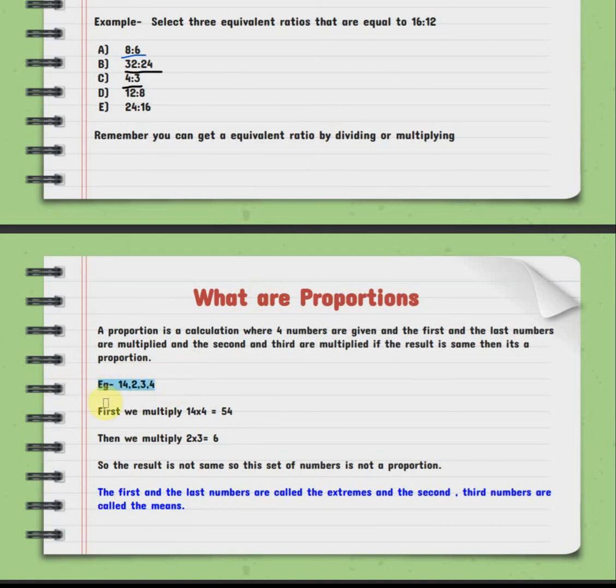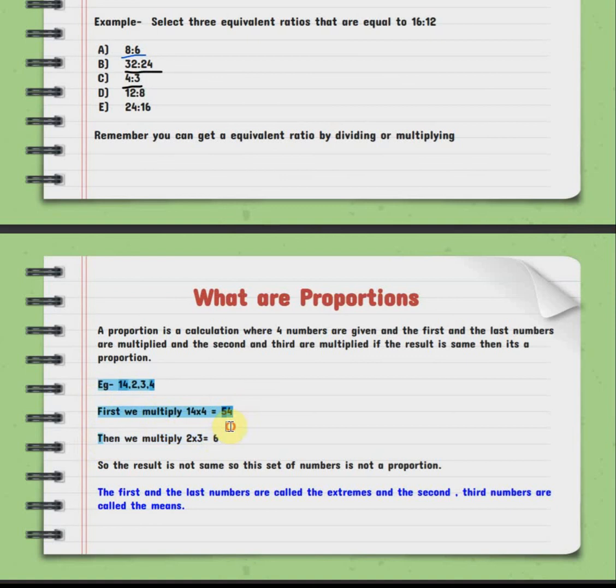14, 2, 3 and 4. First we multiply the first and the fourth numbers, which are 14 and 4. Now we multiply it and our result will be 56.